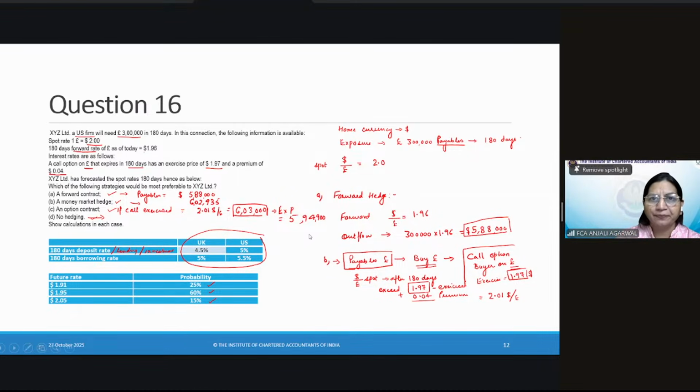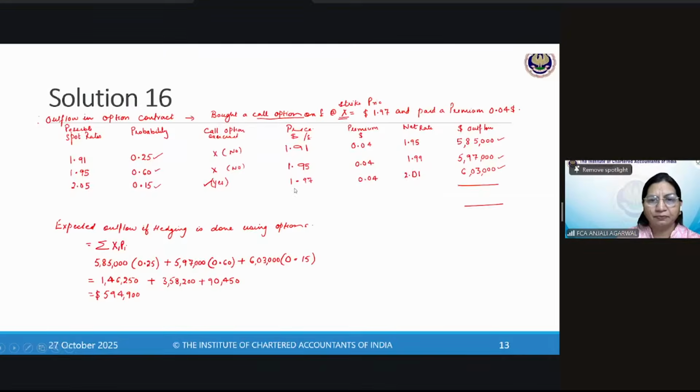I'll explain to you. You must have come across the term LIBOR, which is London Interbank Offer Rate.